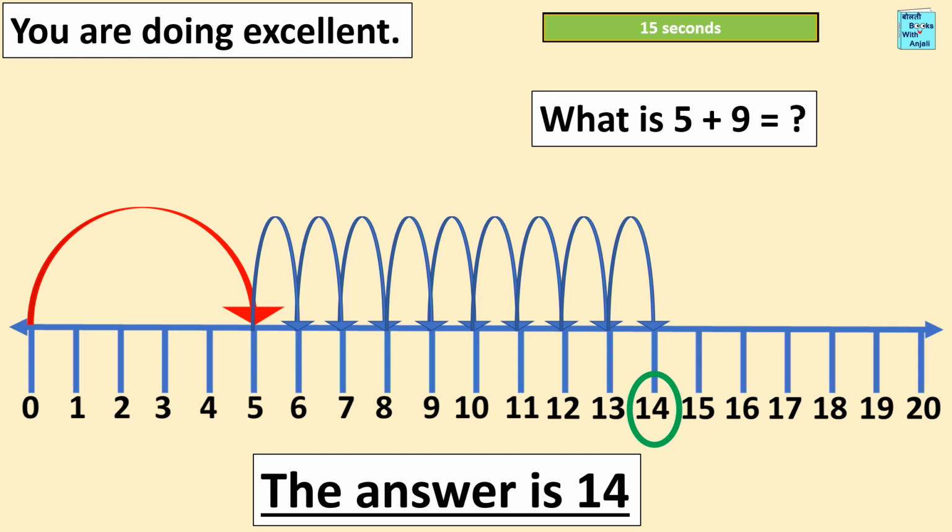The person stands at number 5, jumps 9 times to reach number 14 and will move in the direction right hand side.